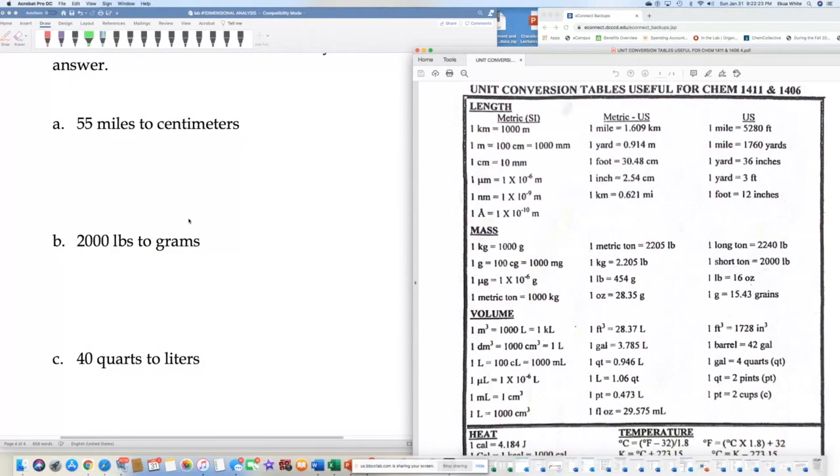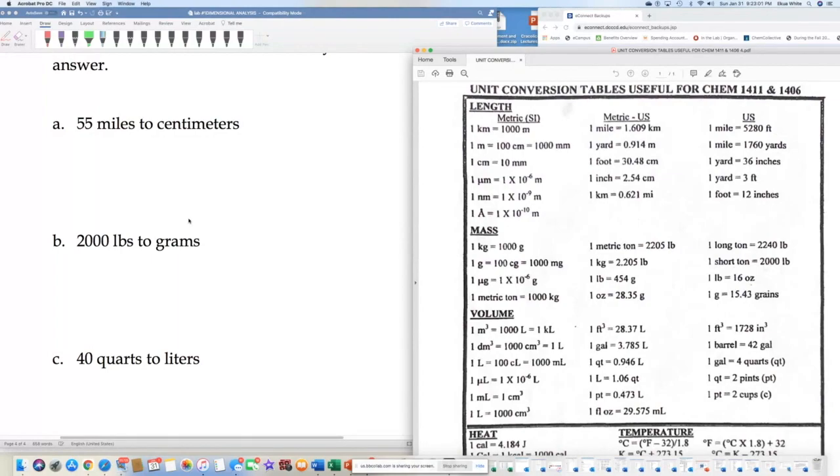Okay. And then the next one would be, and this would be, no, let me do this is gonna be kilograms. Okay. And then let's see, 2000, this is pounds.